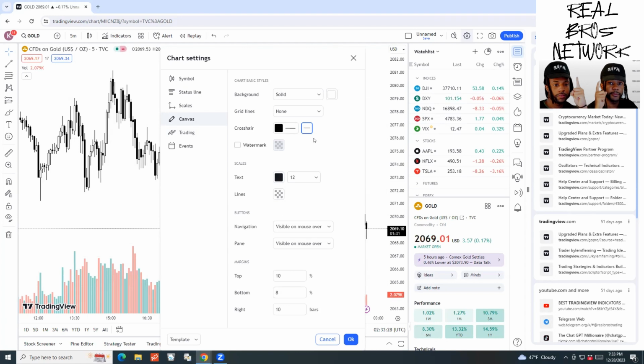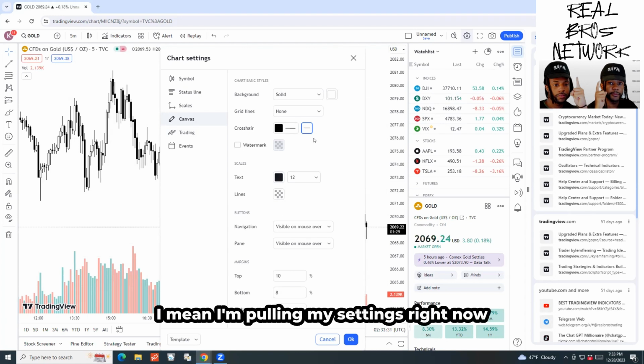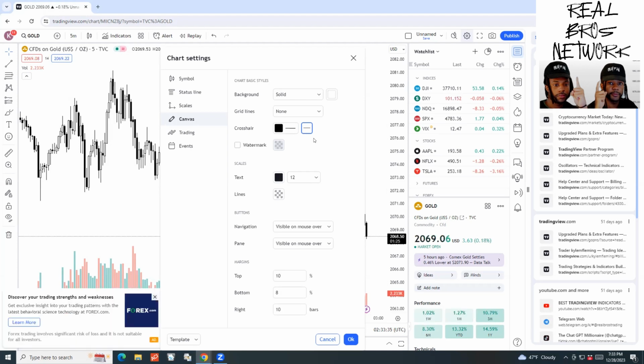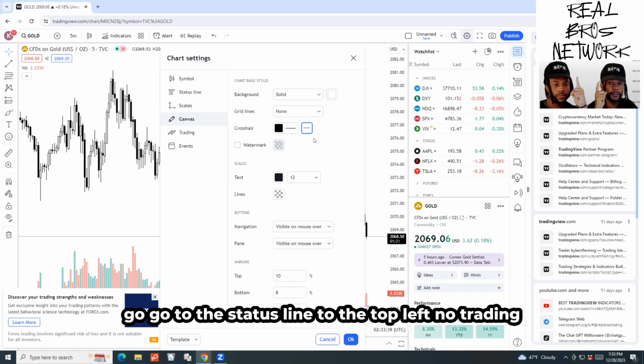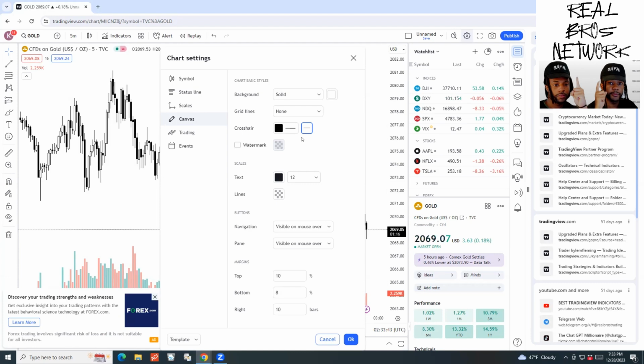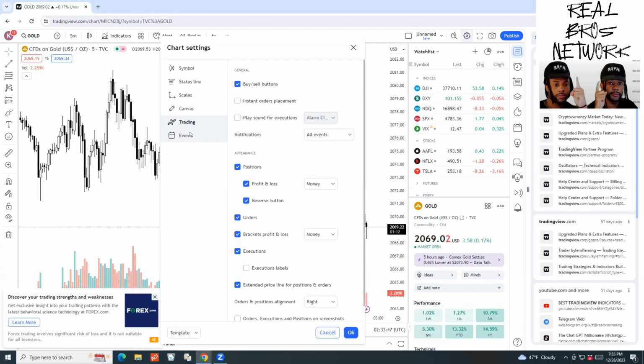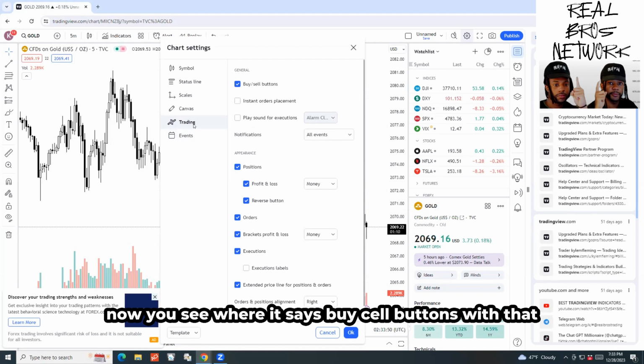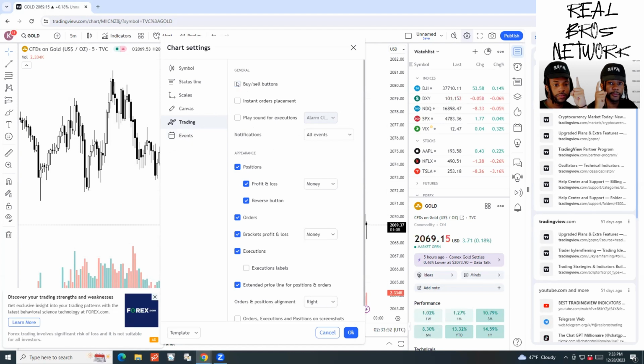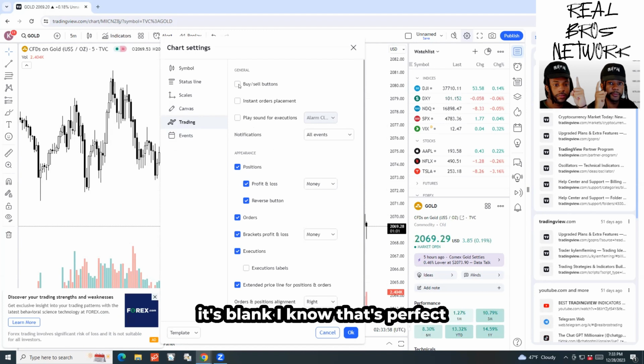Now, I'm pulling up my settings right now just to make sure that you got everything set. Underneath Canvas, where you clicked before, it says Trading. Now you see where it says buy sell buttons, click that. It's blank right now, that's perfect.